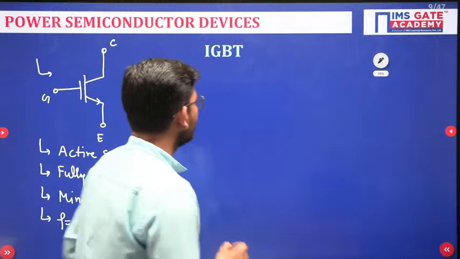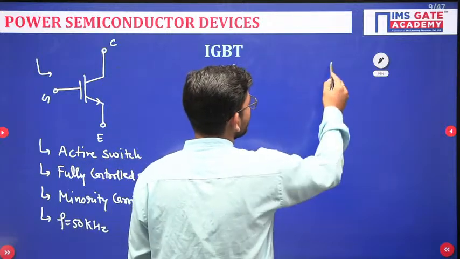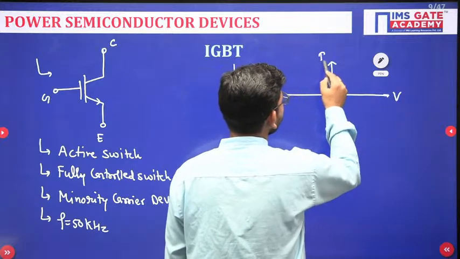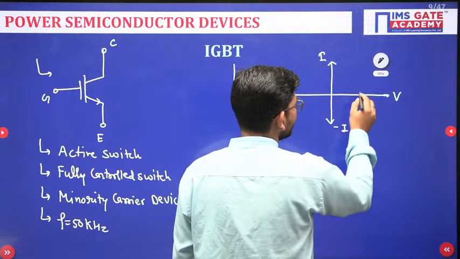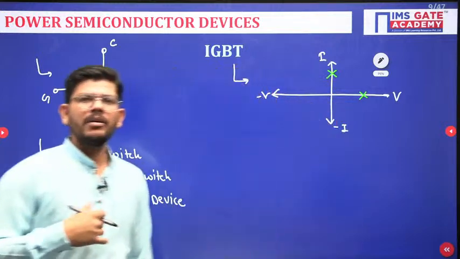If you realize, the switch realization is somewhat similar to what we have in BJT, because this is also a transistor family device. So what do we have in BJT? BJT was capable of blocking positive voltage and carrying positive current.